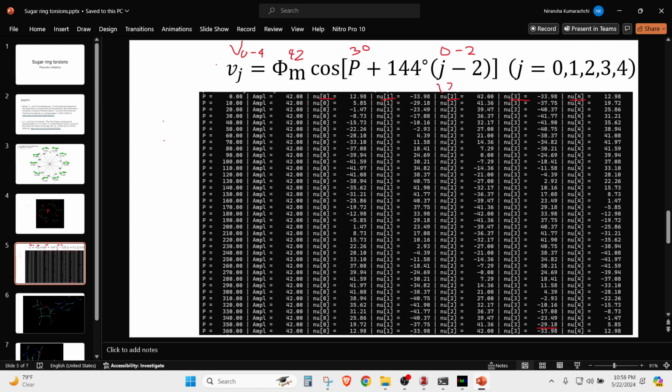So let's look at this again. When you optimize in Gaussian, it slightly changes, and mu1 is minus 23.6, mu2 is 39.7 something, and mu3 you can see 40.37, a negative value, and 25.86.